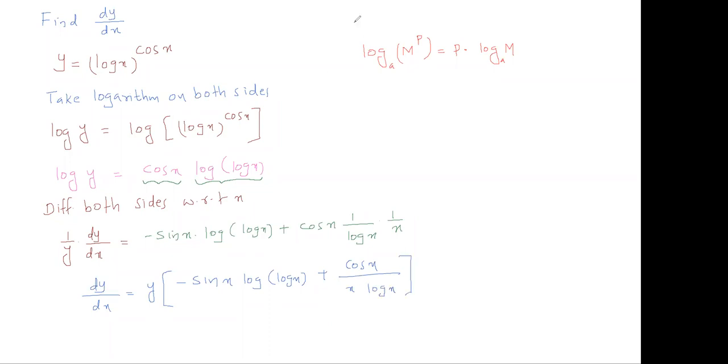So then you have to give back the value of y. That means dy by dx is equal to, your y was log x to the power cos x. So log x to the power cos x. Now just write the remaining terms, minus sin x log x plus cos x divided by x log x.